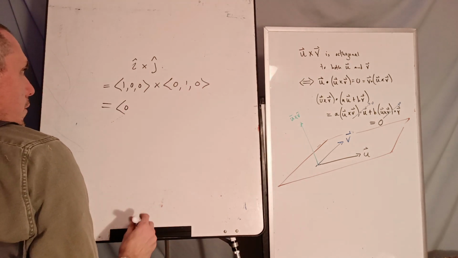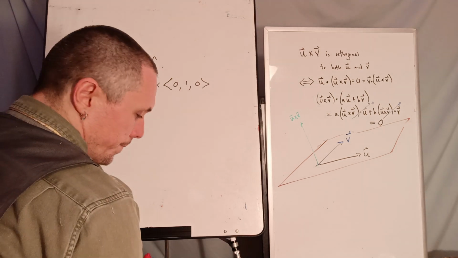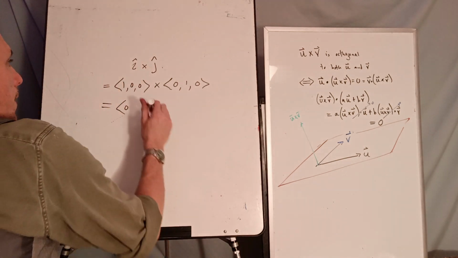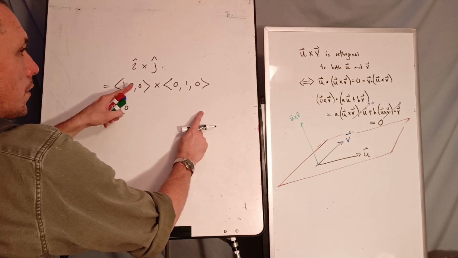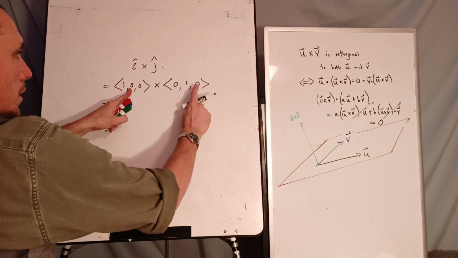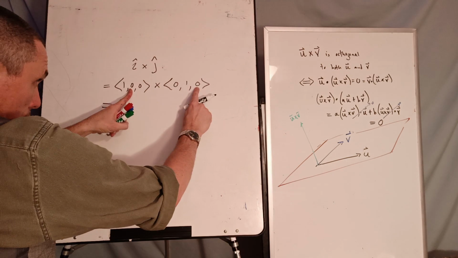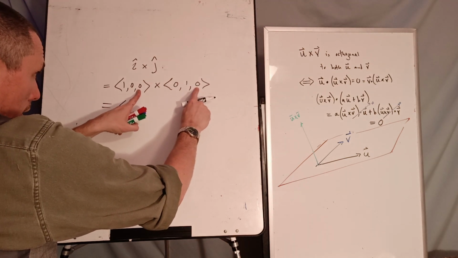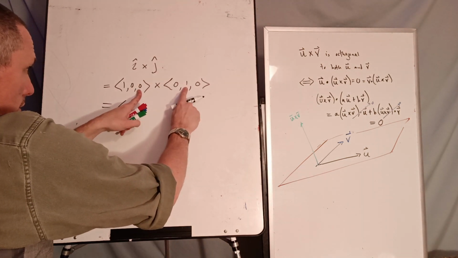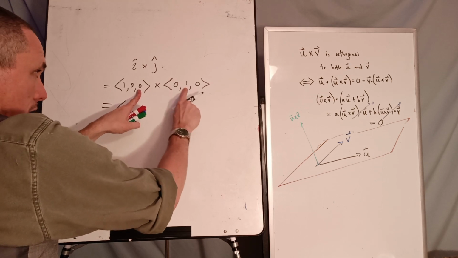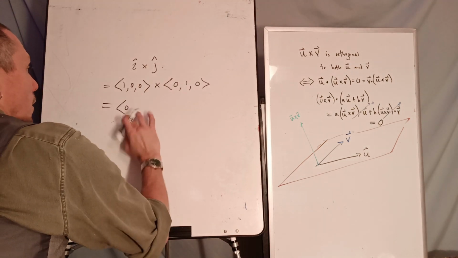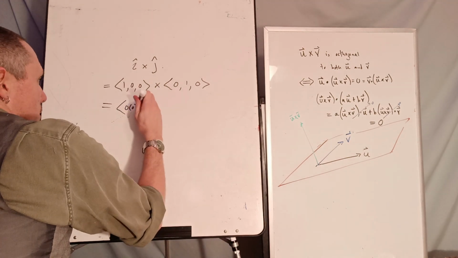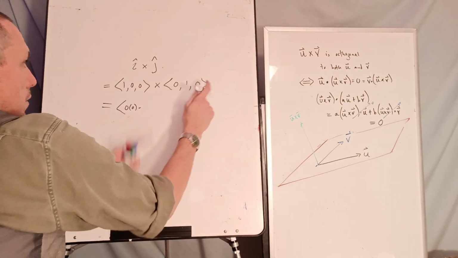Should I color coordinate these? Maybe I should. I'll just try to point it out, right? We're talking about y1, z2, that's 0, minus z1, y2, but that's also 0. So we get 0 in the first component. All right, I'll write it out at least this much: 0 times 0 minus 0 times 1.